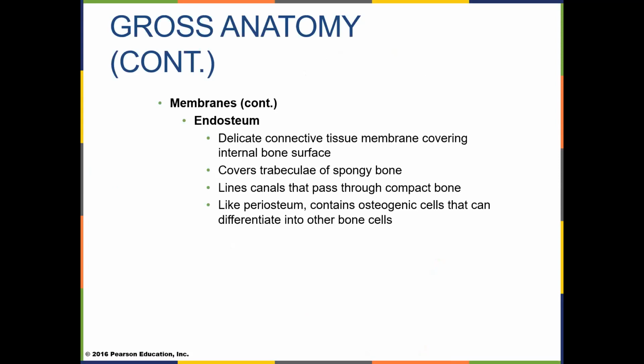Now the endosteum, the inner layer: we have the periosteum on the outside, and we have the endosteum on the inside. It also covers all the trabeculae of the spongy bone. It will line all of the openings through the bone where blood vessels and nerves penetrate. And it will also contain these osteogenic cells, these stem cells that will give rise to other osteogenic cells.